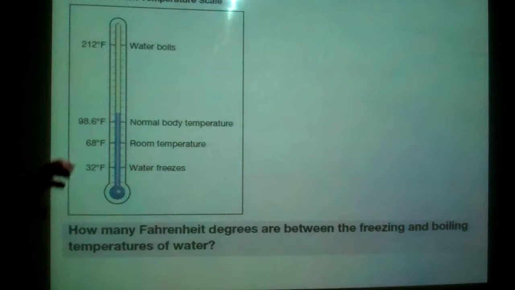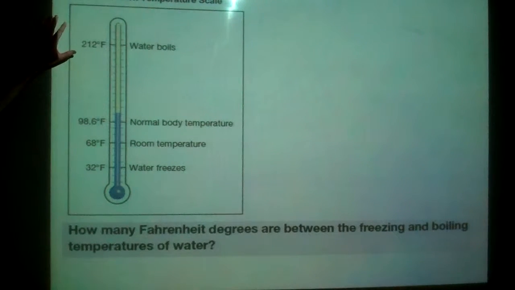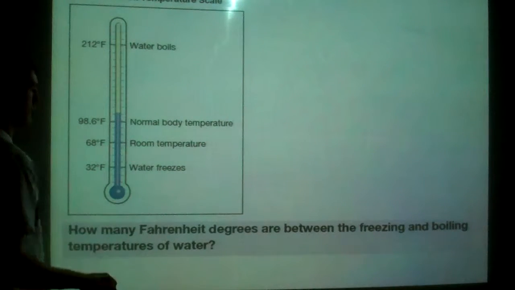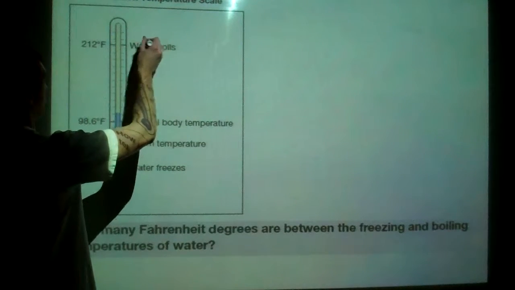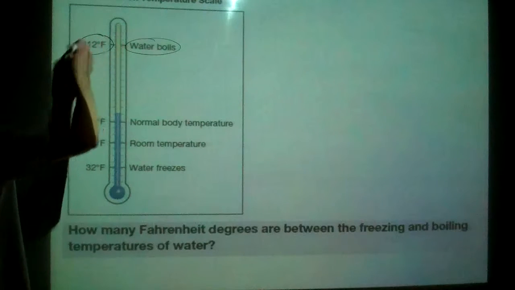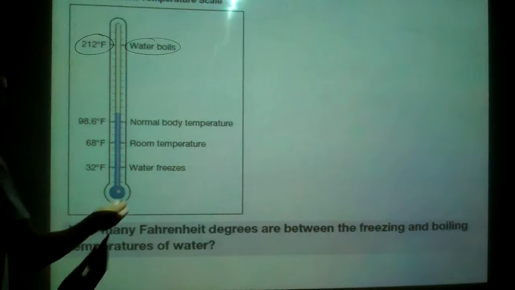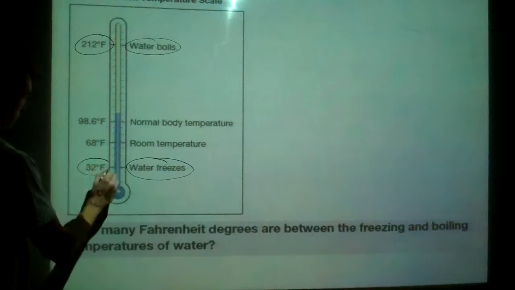We're almost there. This question: how many Fahrenheit degrees are between the freezing and boiling points of water? Well, all right, water boils here at 212 degrees Fahrenheit, and it says water freezes at 32 degrees Fahrenheit.